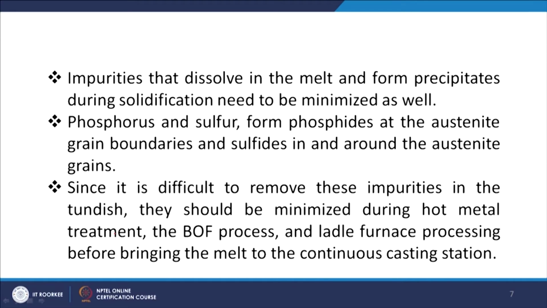Then there are impurities which dissolve in the melt and form precipitates during solidification. You have impurities which would like to dissolve in the melt and form precipitates during solidification, so you also need to minimize them, so that your steel becomes cleaner and cleaner.